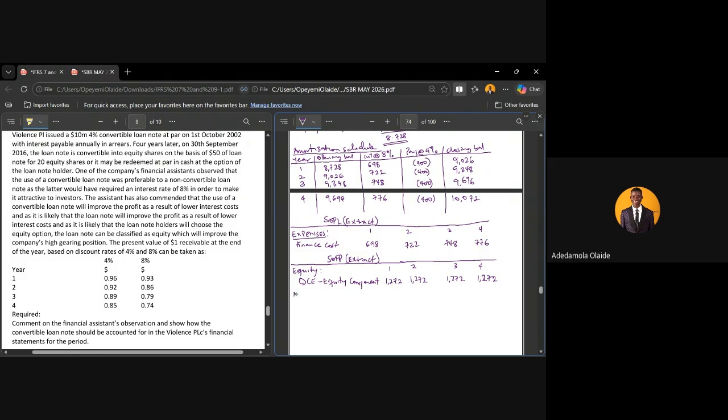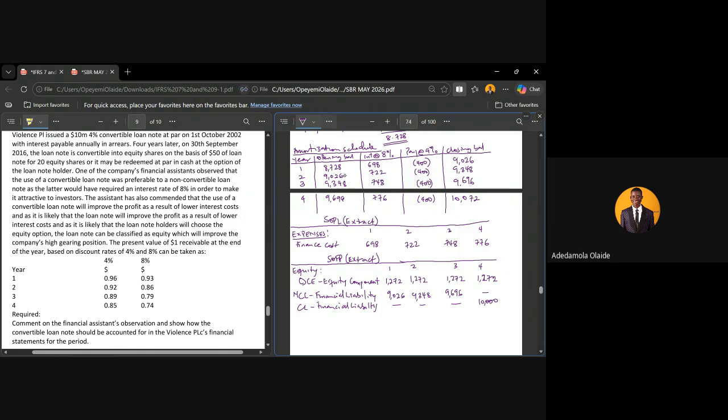Then, under our non-current liability, we will have financial liability. Then, under current liability, we will also have financial liability. Year one is 9026, then 9348, then 9696, and 10,000.